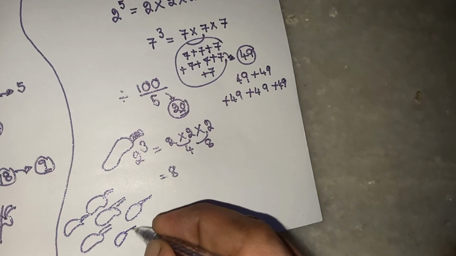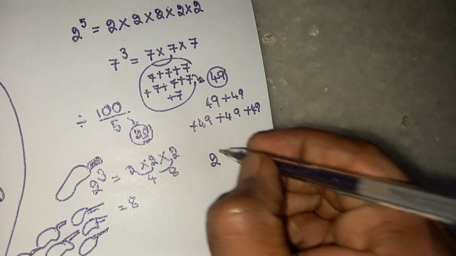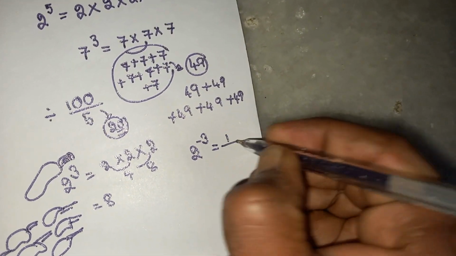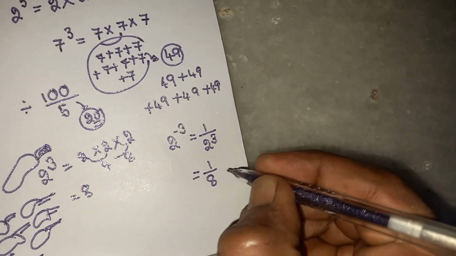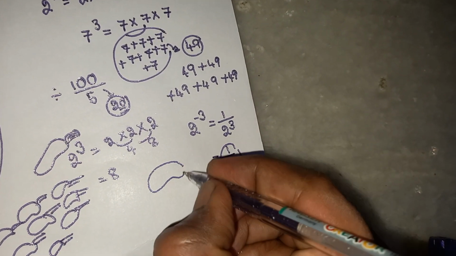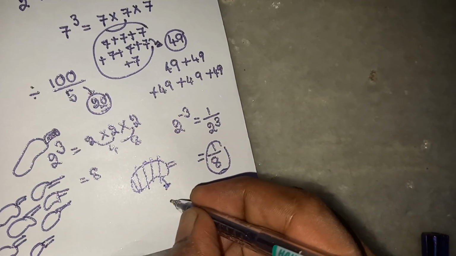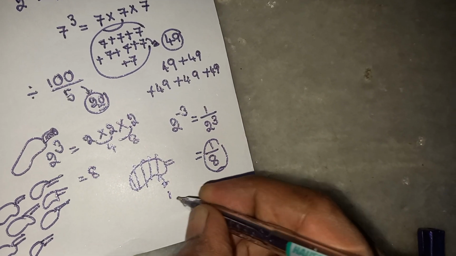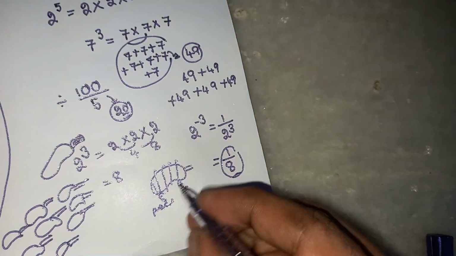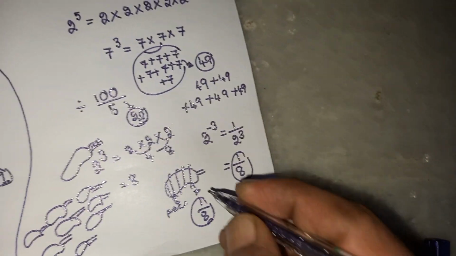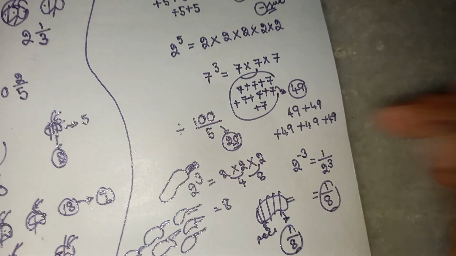If you take 2 power of minus 3, it becomes 1 by 2 power of 3, 1 by 2 cubed, or 1 by 8. You take a single banana and break it into 8 pieces, and just take one piece. A small piece of a single banana is 1 by 8 banana, known as 2 power of minus 3, while the bigger one is 2 cubed.